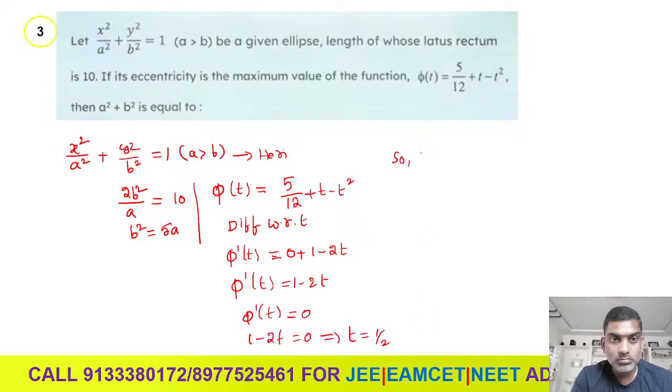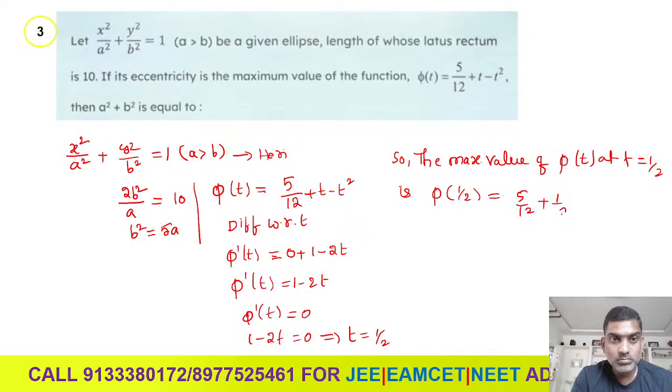So the maximum value of phi of t at t equal to 1 by 2 is phi of 1 by 2, which is equal to 5 over 12 plus 1 over 2 minus 1 over 4.